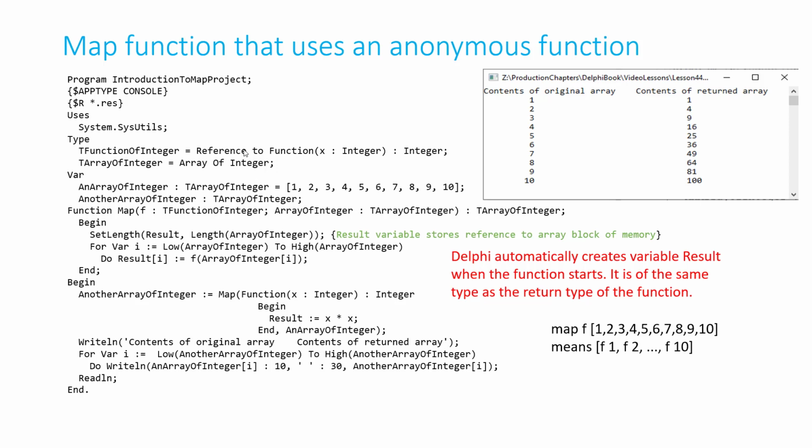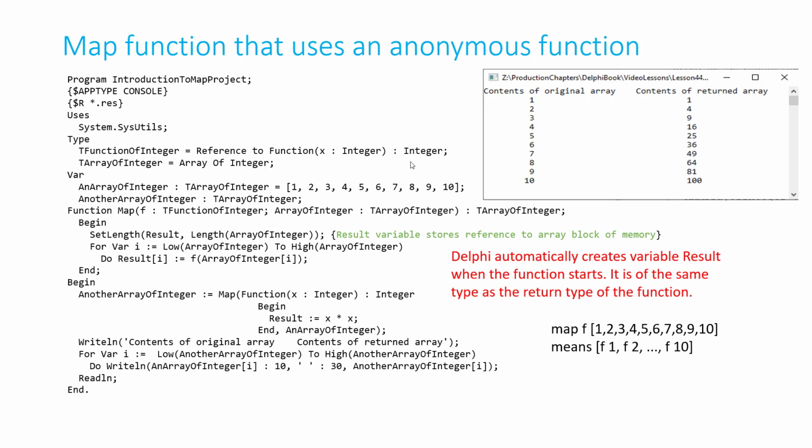Now we need to actually define a reference to an anonymous function, and we also need to define a type, which is a dynamic array. So the reference function type is a type with the name T function of integer defined as follows: reference to function, a single argument function, and function returning an integer result.